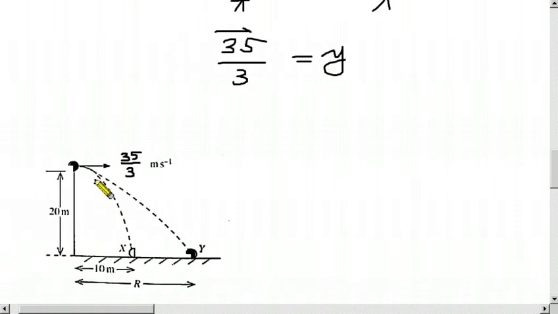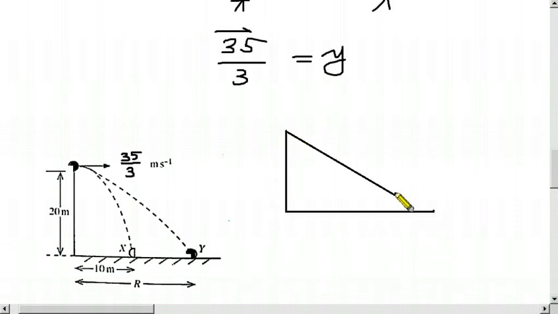So now let us calculate the final value, that means horizontal displacement. So we get the diagram like this.